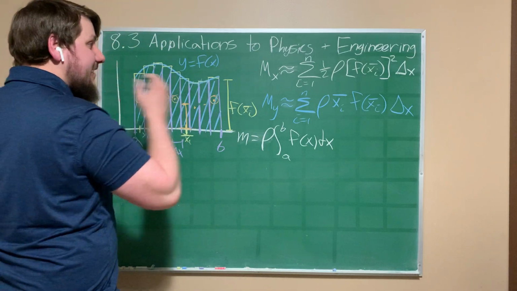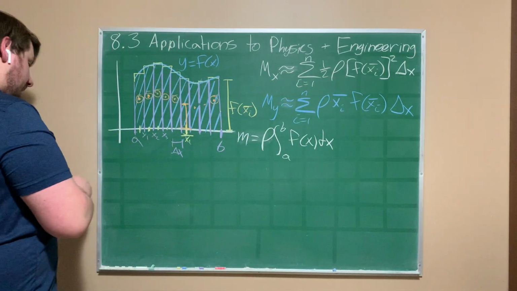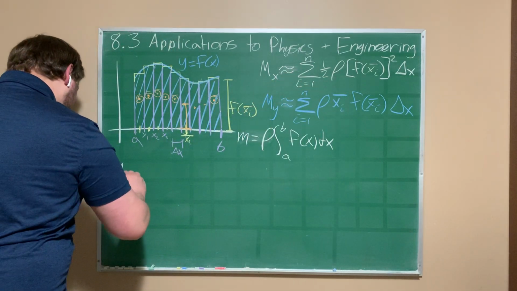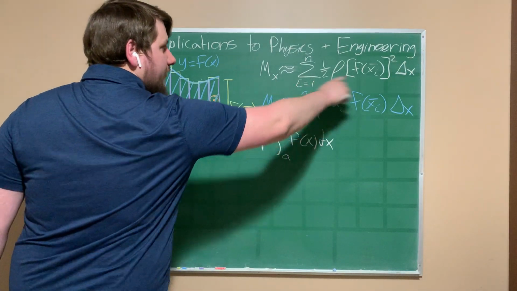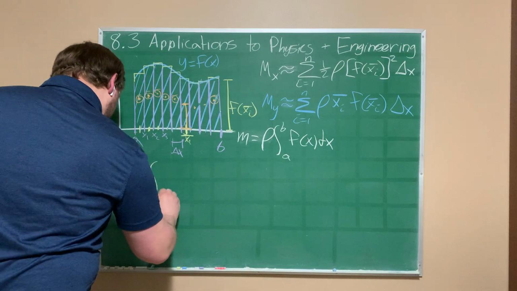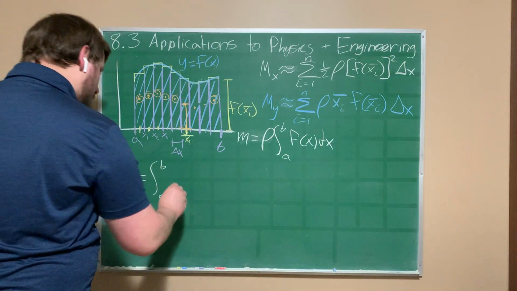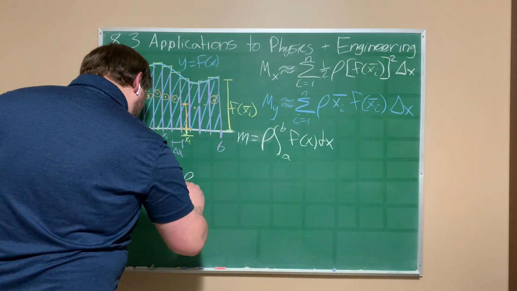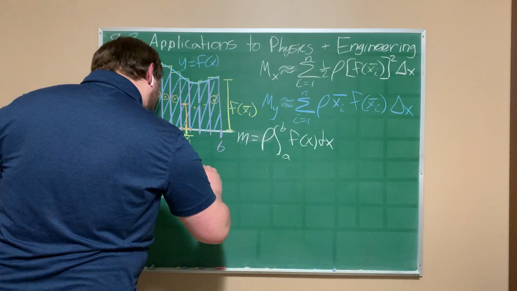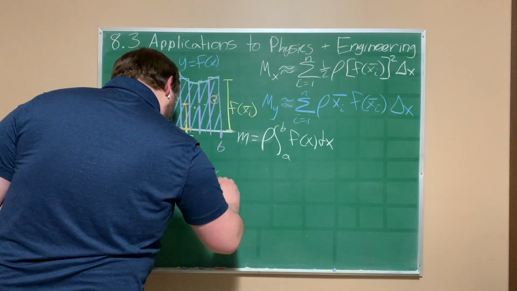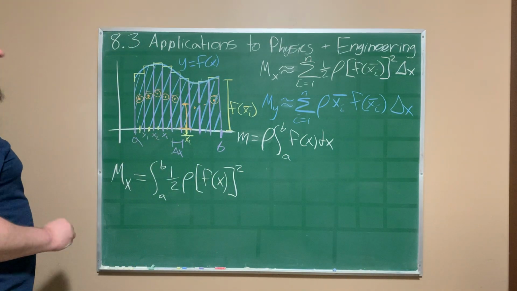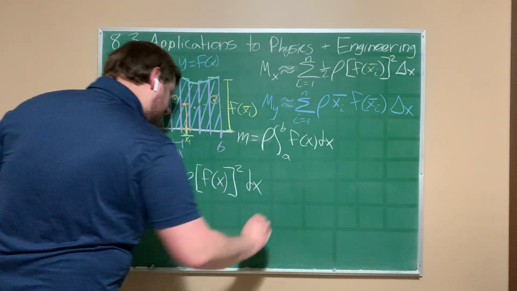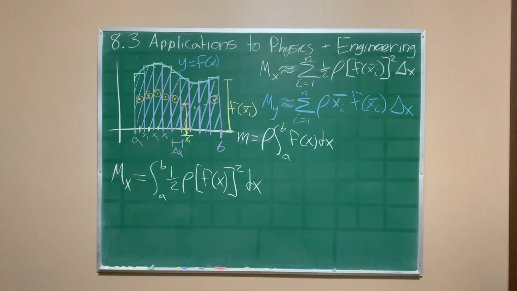So apply a limit as n goes to infinity of this, and the actual moment with respect to x is going to be the integral of this expression from a to b. We're going to have 1/2 rho of f of x, the quantity squared, and instead of a delta x, we'll have a dx. So there is the moment with respect to x.